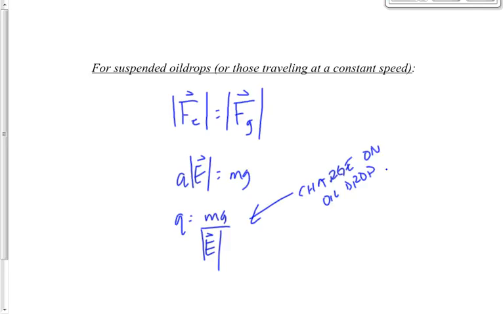Millikan would have performed this experiment hundreds of times. He would have gotten the charge on hundreds of different oil drops.